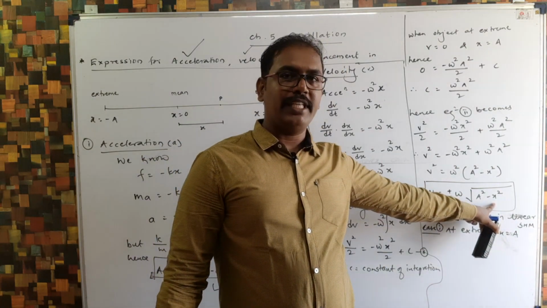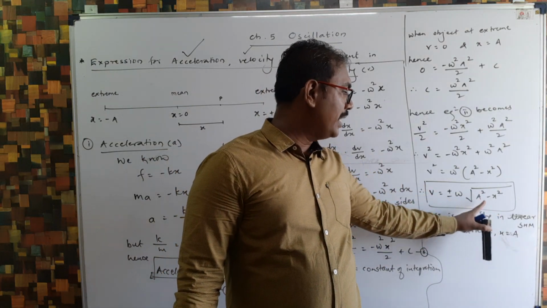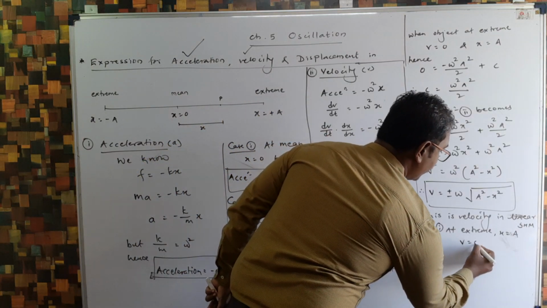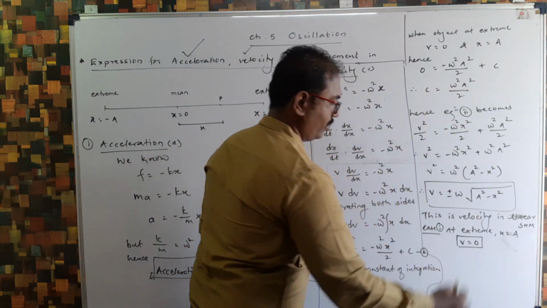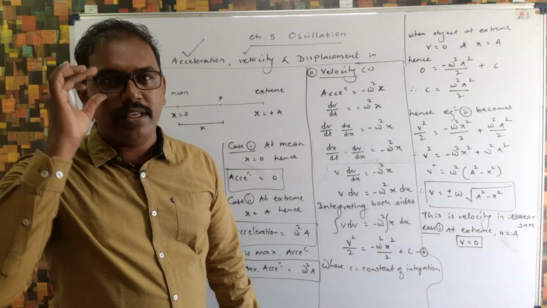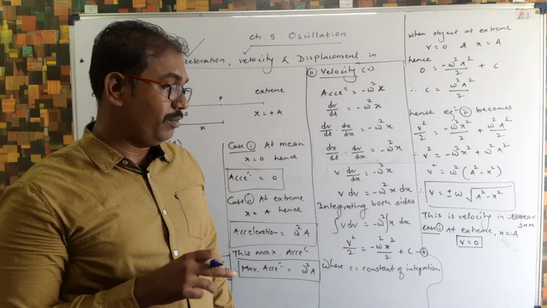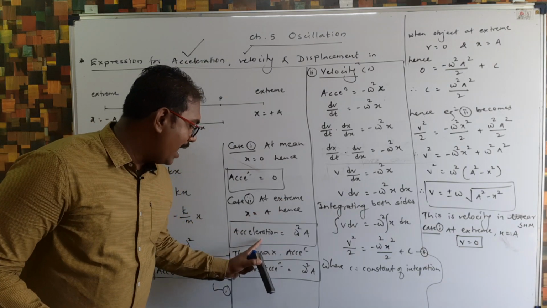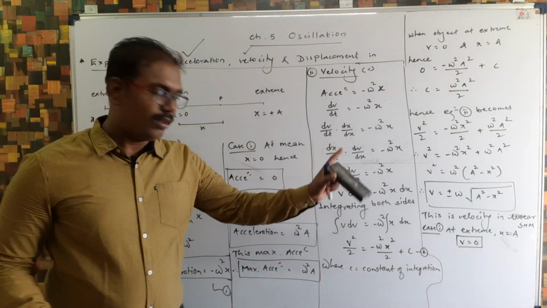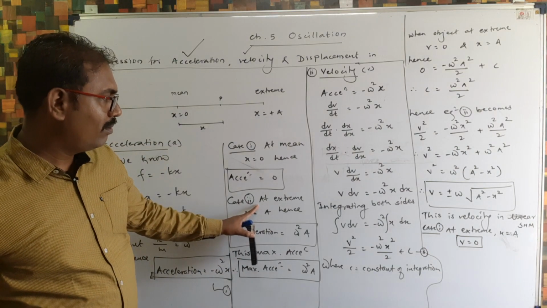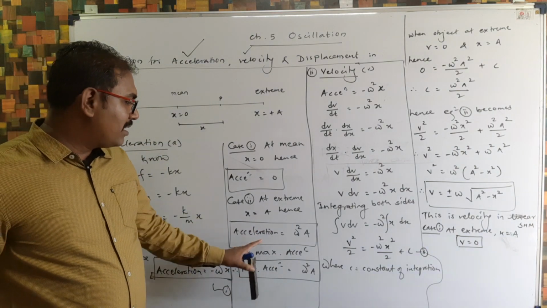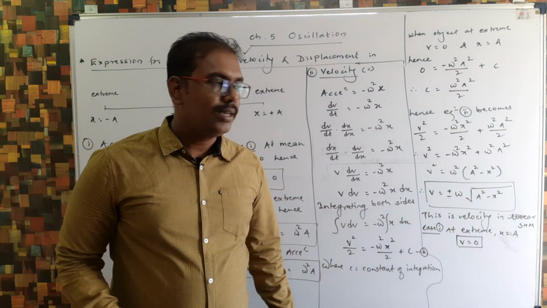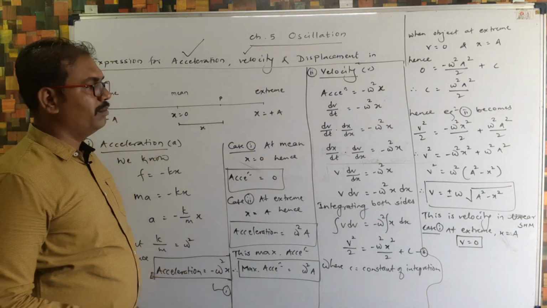If I substitute this x is equal to a, then under root a square minus a square is 0. So v is coming 0. So we get v is equal to 0 at extreme position. Means at extreme, acceleration is maximum, but velocity is minimum. That you have to remember.